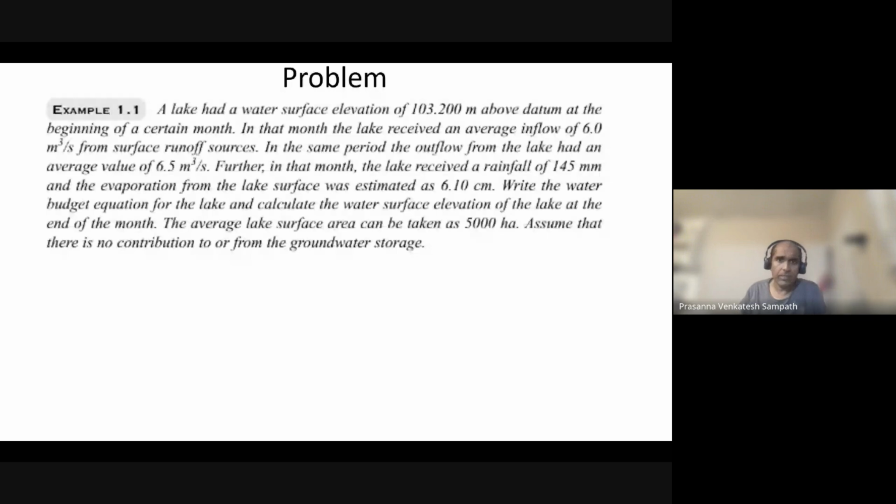So the first thing I'm going to do is maybe draw a conceptual picture of this lake. So this is my lake. It's supposed to be a straight line. So this is my lake, and this elevation is 103.2 meters above some datum. So I have a datum at some level.